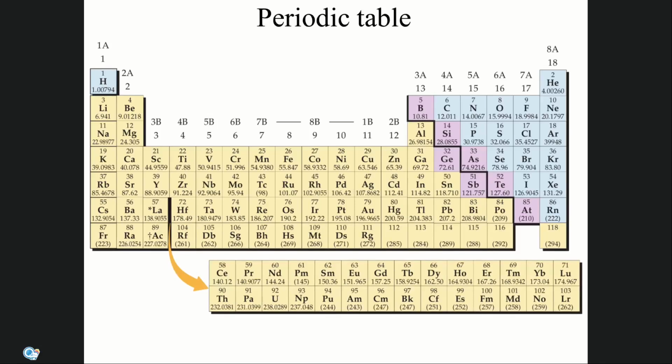The elements of group 1B and groups 3B to 8B collectively are called the transition elements or transition metals. The periodic table is a remarkably useful tool that correlates the properties of elements in a systematic way to help us predict the elements' behavior.